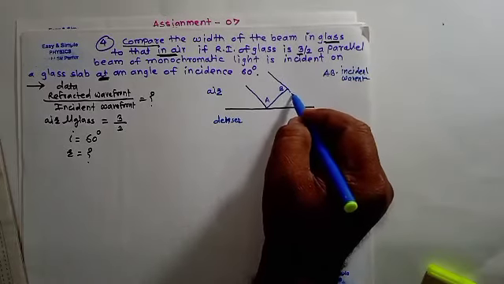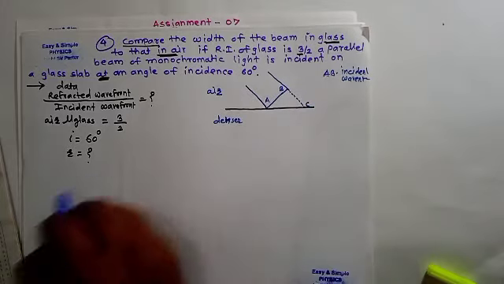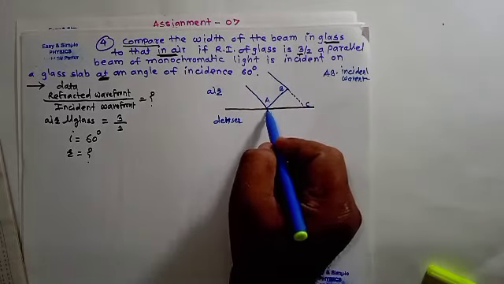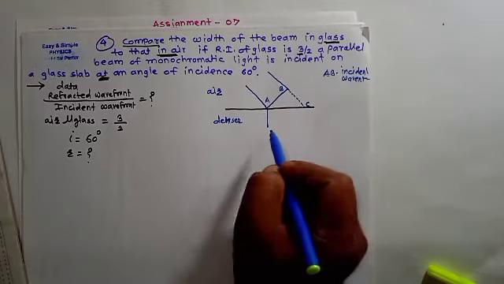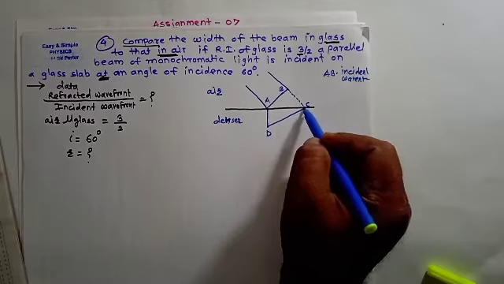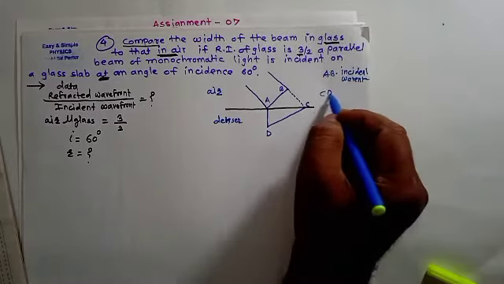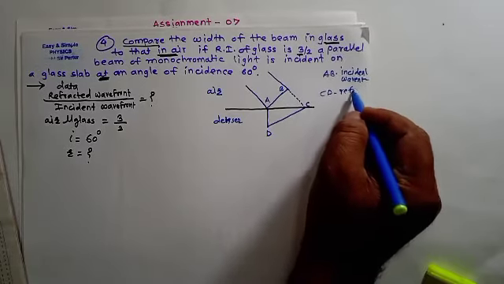So using Huygens wave theory, B is moved towards C and A is moved towards D. If we join CD, CD represents a refracted wavefront.